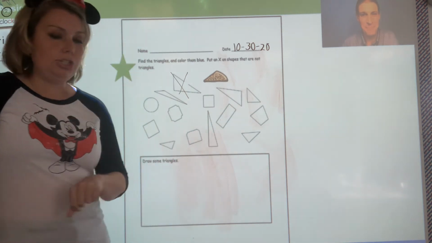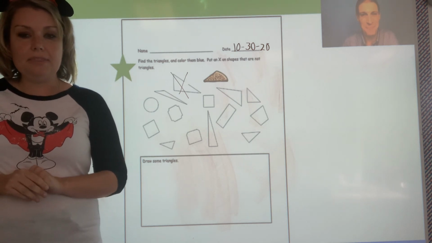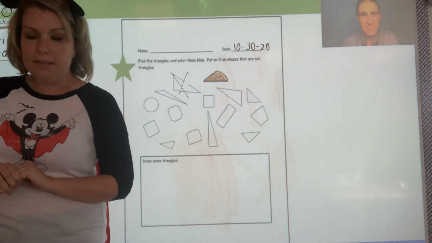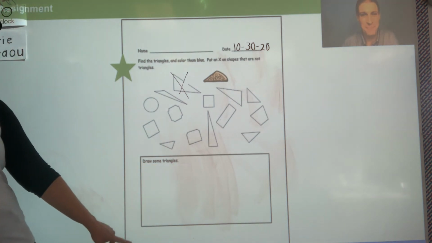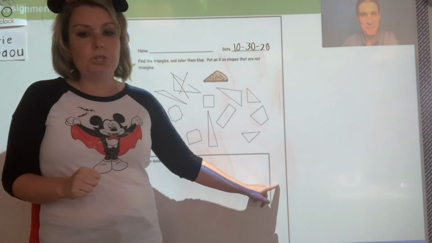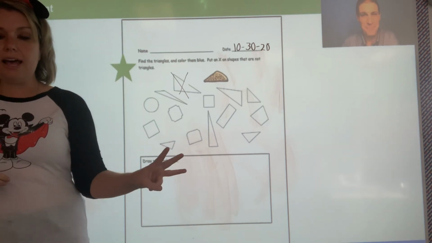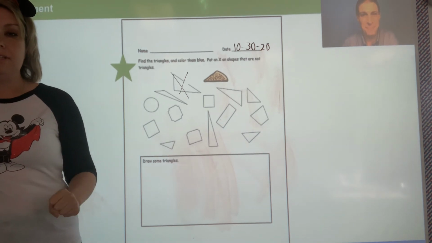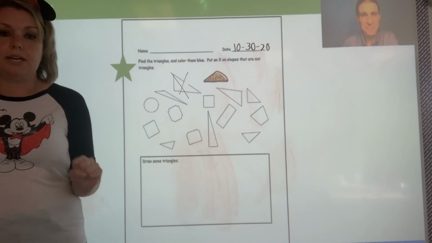I would color this shape blue. You may go ahead and complete this on your own and then submit it to me. Down here at the bottom, it just asks you to draw your own triangles. As long as it's 3 straight sides, 3 corners, it's closed and all the sides are straight, it's a triangle.